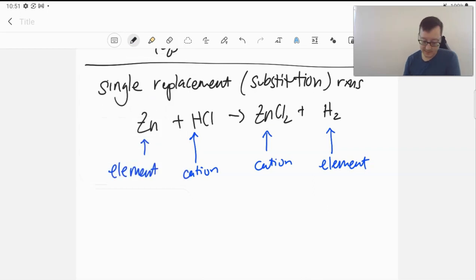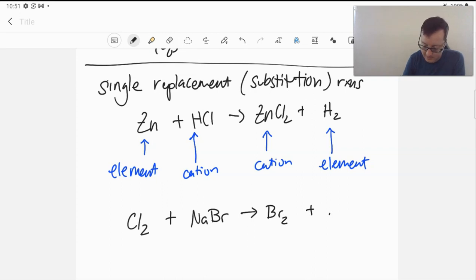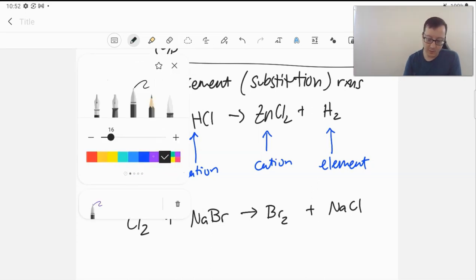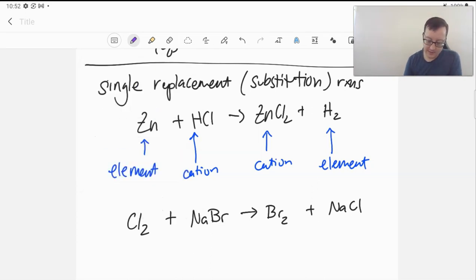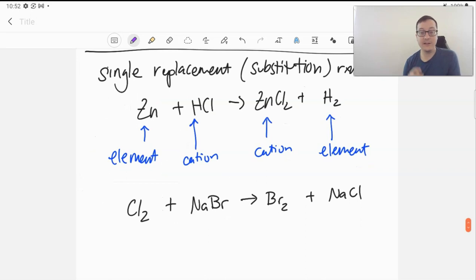that we can replace anions as well. So say if we have Cl2 plus NaBr, for example, we can indeed get Br2 plus NaCl. So we can kick out anions. What you want to do is evaluate, is your element that's coming into the reaction more likely to form a cation or an anion?